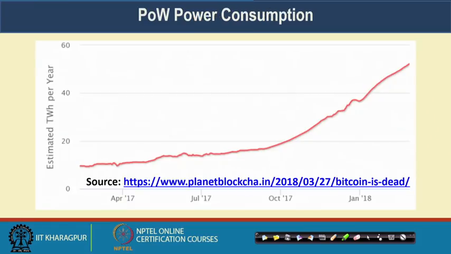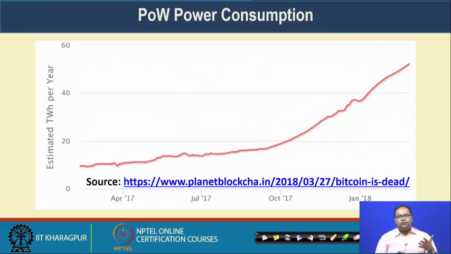Another problem of this proof of work based system is the power consumption. The proof of work based system relies on the amount of power being consumed, because whenever you deploy a huge amount of computational resources in the network, those resources are consuming a huge amount of power to generate those hash functions.